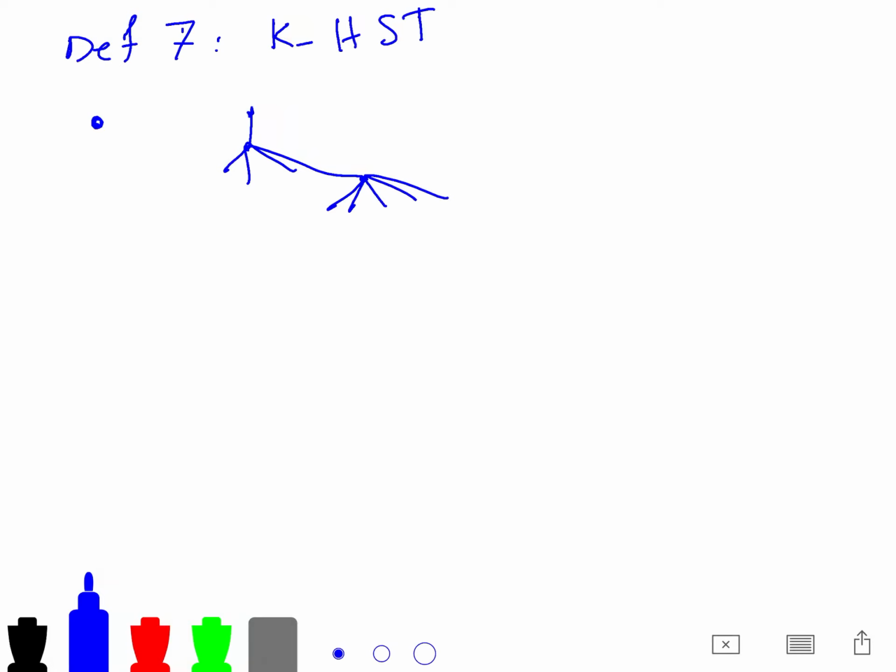And the edge weights along any path from the root to a leaf decrease by a factor of at least k. So when it goes to the leaf, the weight is decreased by a factor of k. The height of a tree is the maximum number of edges on a path from root to leaf.